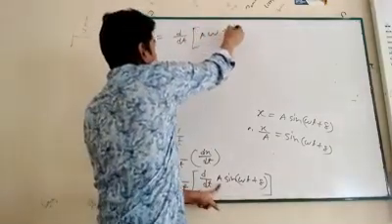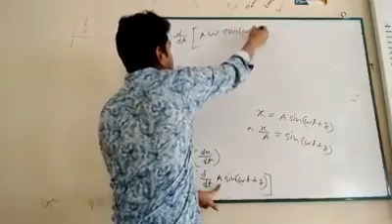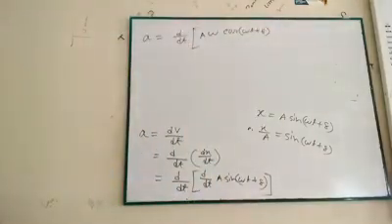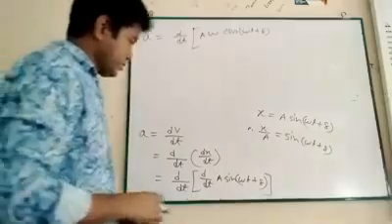If I differentiate it, you can get a omega cos(omega t plus delta).